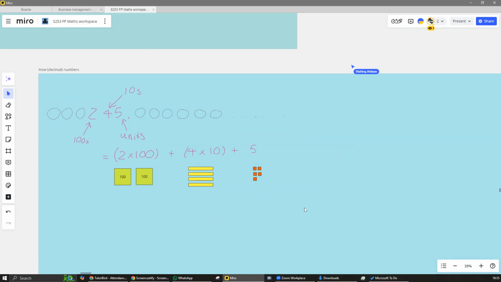So yes, I'm aware that we all know what that means, but let's now think about what we mean when we write a decimal. Actually, this is a decimal number already, but when we use the word decimals, we really mean something where there's something after the decimal point. The reason why this is a decimal is because it's in the decimal number system.